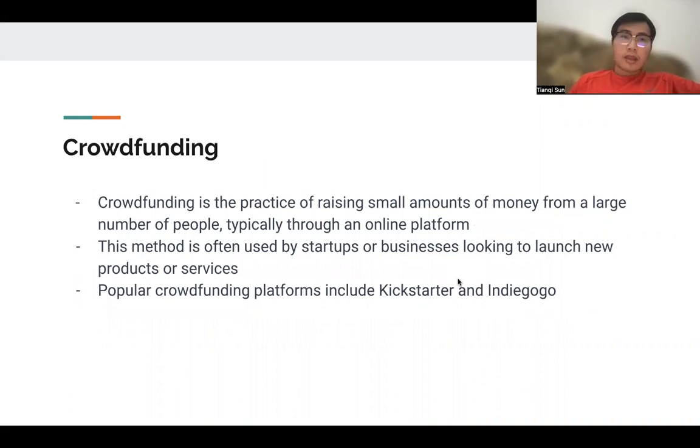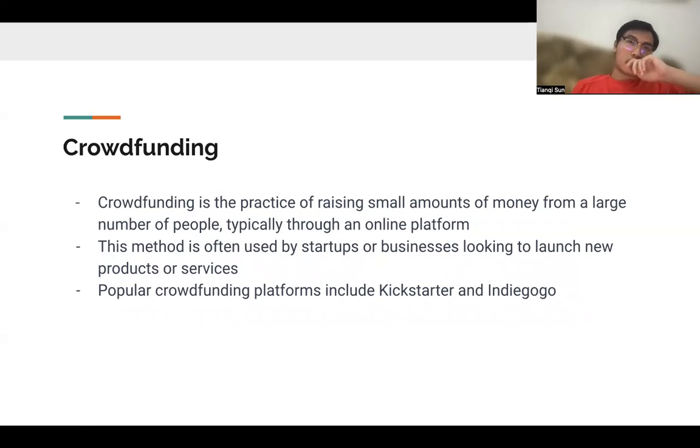First, I think we're going to talk about crowdfunding. I think a lot of people have heard of this term because it is quite common. It raises small amounts of money from a large number of people.